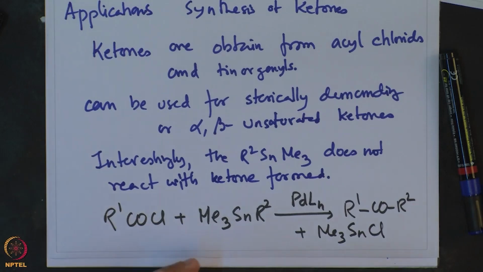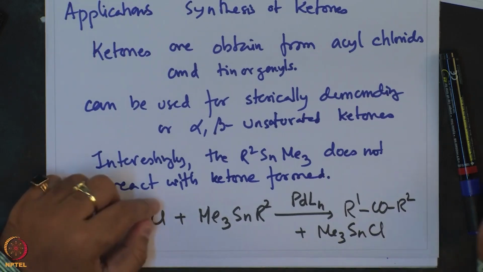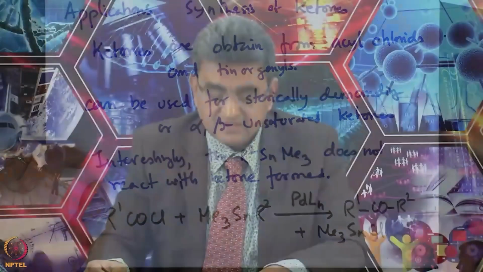Now, with this I would like to conclude today's discussion on Stille coupling. Today what we have touched upon is the reason for Stille coupling to be as effective as the Suzuki, in that sense that it uses mild conditions, and instead of organoboron reagents which are used for Suzuki coupling, organotin reagents are used for Stille coupling.